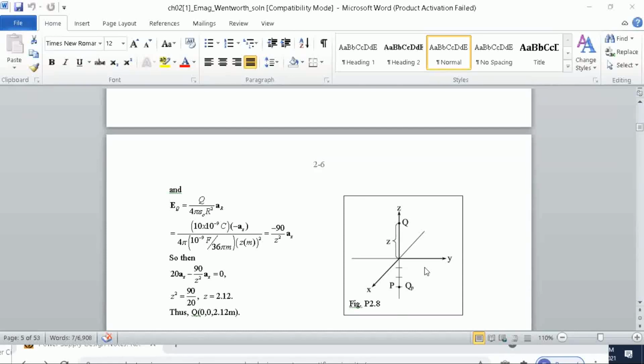You have everything to calculate the electric field intensity due to this, which we did above.